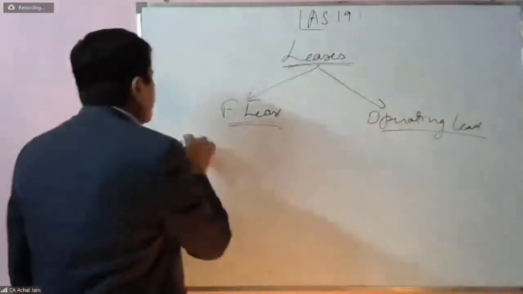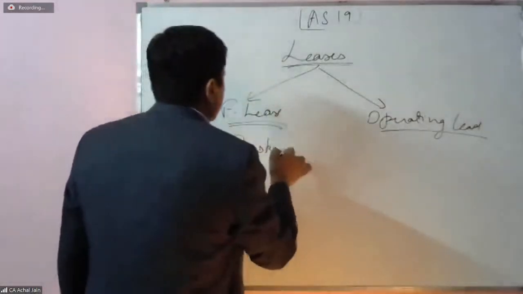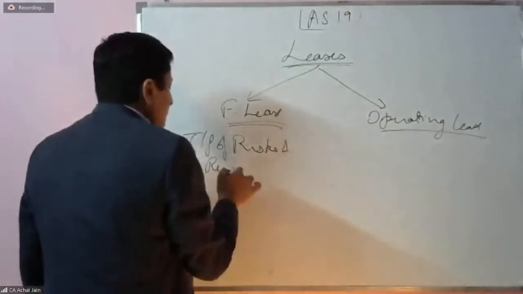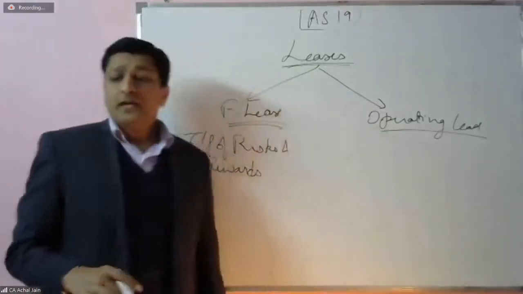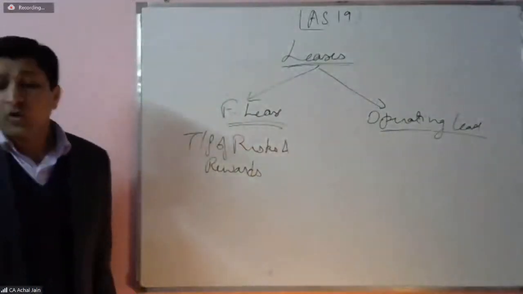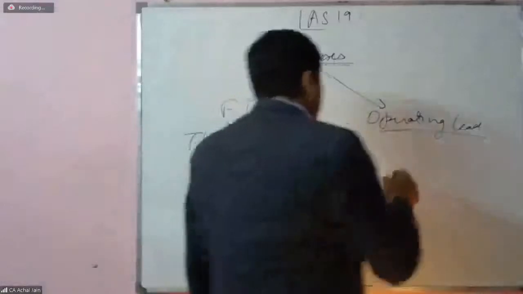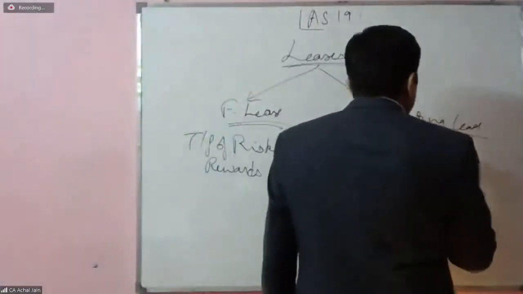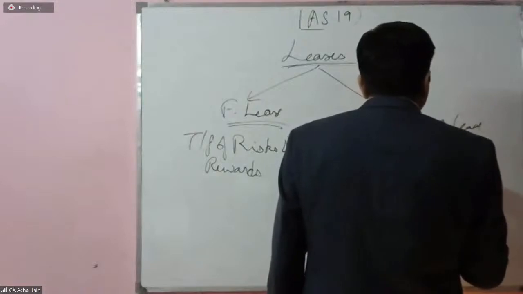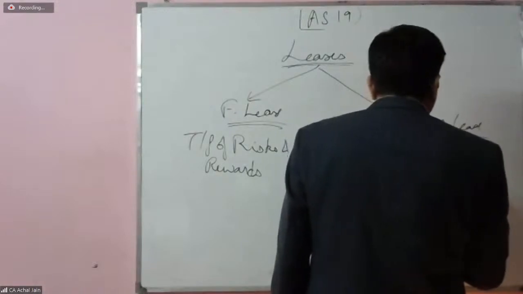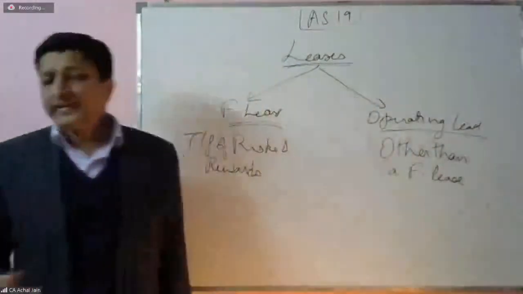Finance lease is the one wherein transfer of risks and rewards associated with the asset takes place. Any lease which is not a finance lease is called an operating lease.